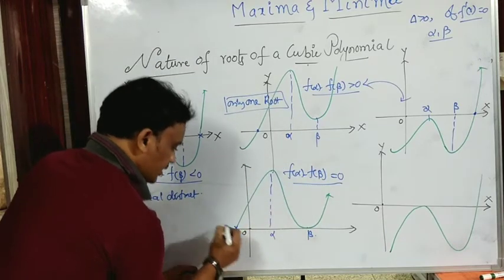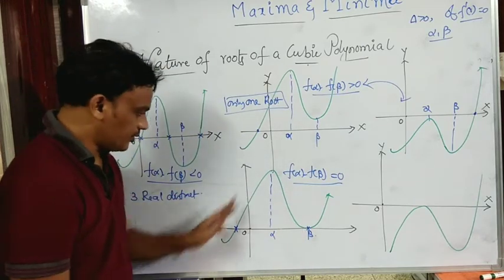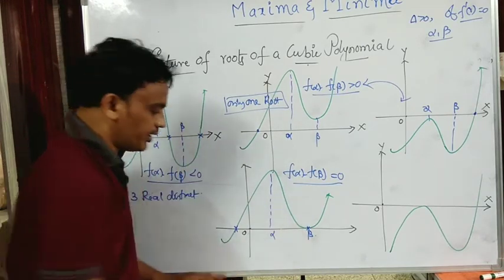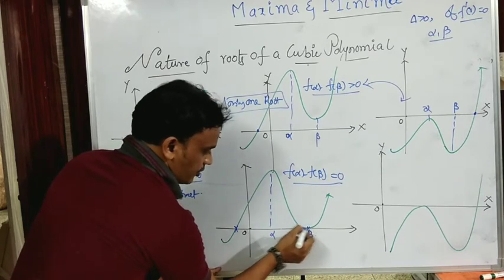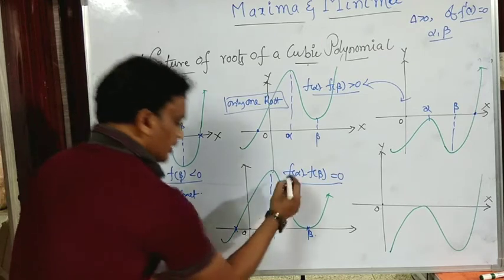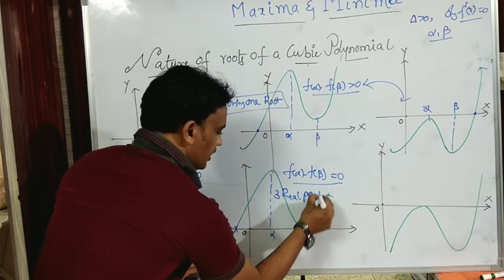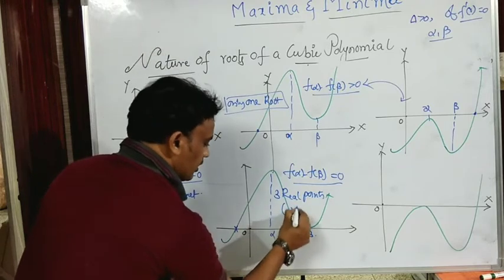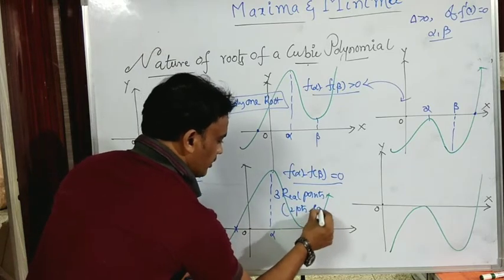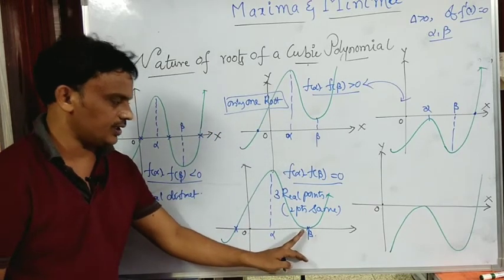It intersects at 3 points. Of those 3 points, 2 points coincide. So it contains 3 real points, of which 2 points are the same, which are coincident here.